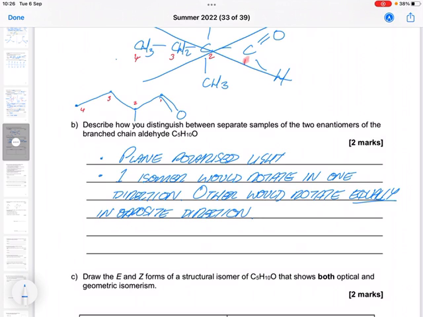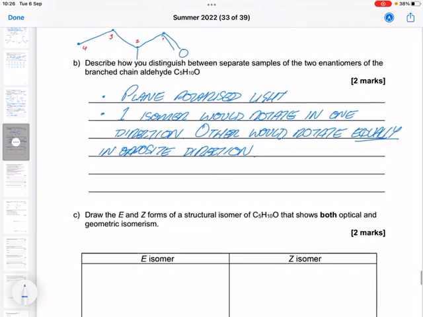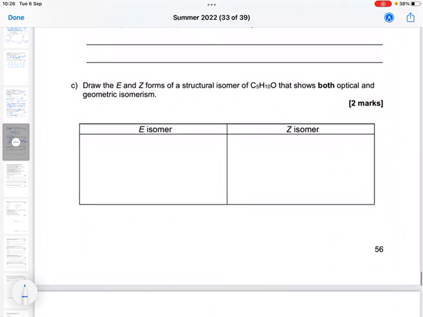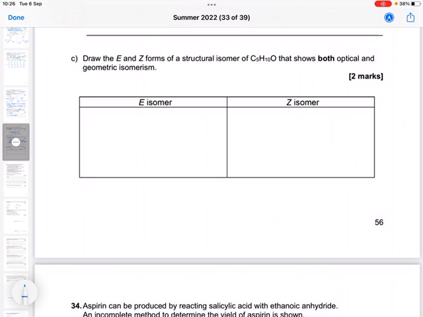Okay. Part C. Draw the E and Z forms of a structural isomer that shows both optical and geometric isomerism. So E and Z, that's going to be an alkene. I need 5 carbons and it's got to be optically active as well. Okay, so let's start with the geometric part of it. So this is just going to be my working out here.